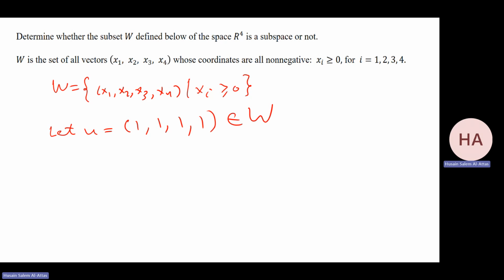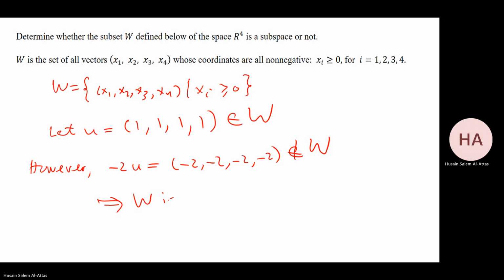This belongs to W. However, multiply by -2, for example, or -1, who cares? -2, -2, -2, -2. This for sure does not belong to W. So W is not a subspace.